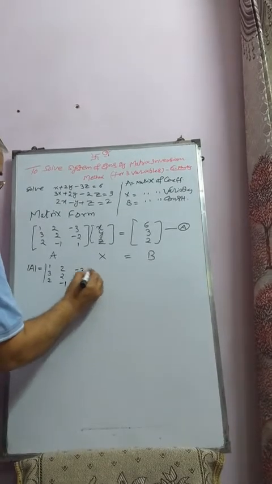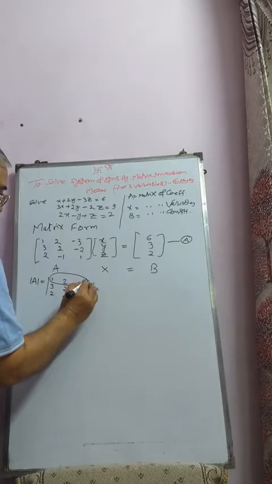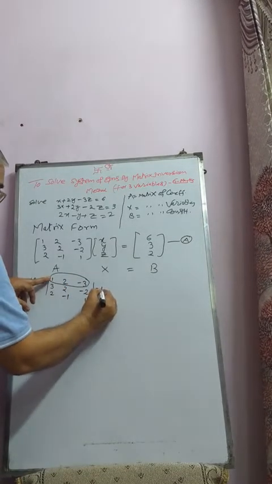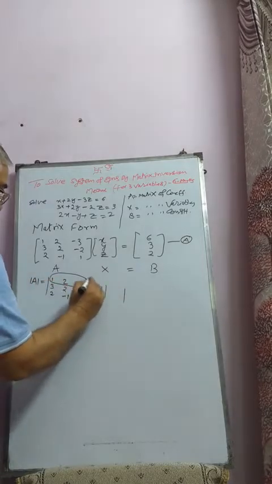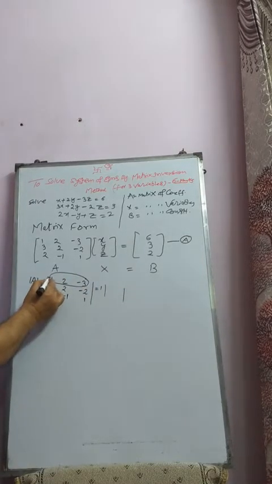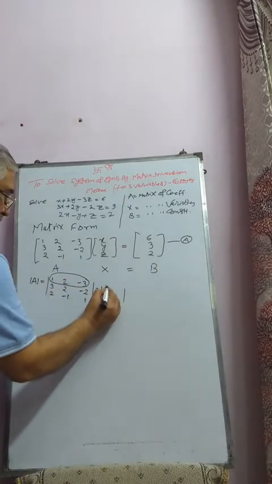And this is equal to expanding this determinant with respect to R1. Look here, children, 1, its cofactor, deleting the row and column in which this 1 is, we get 2, minus 1, minus 2, 1.